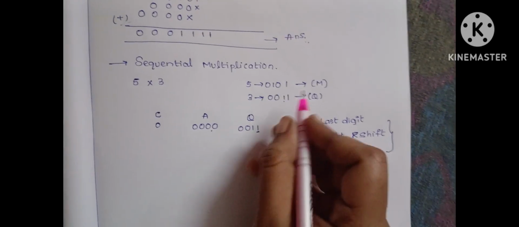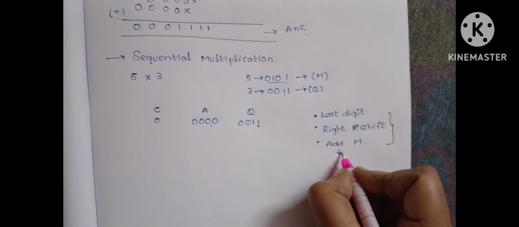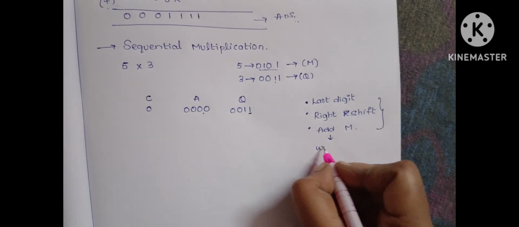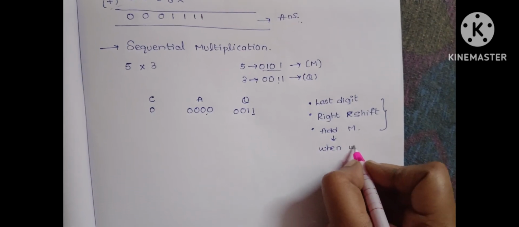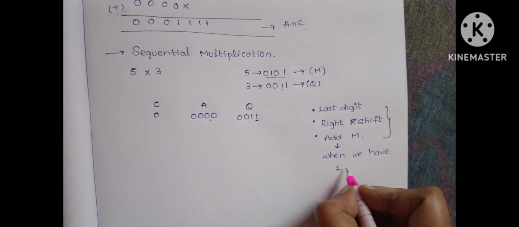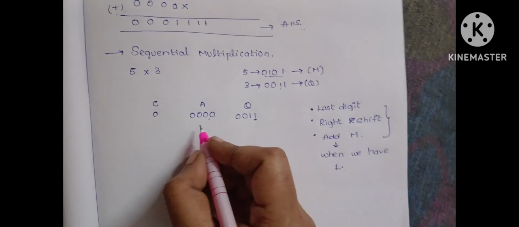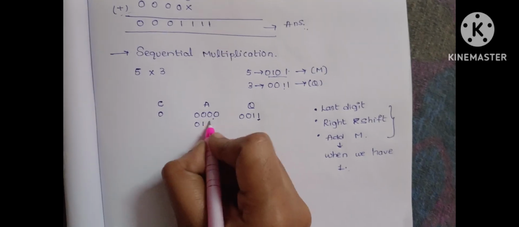When it is 1, we have to add M to the A. So when do we add M to A? When we have 1 in the last digit of Q. When we have last digit 1, we will add M to A, that is 5, 0 1 0 1.